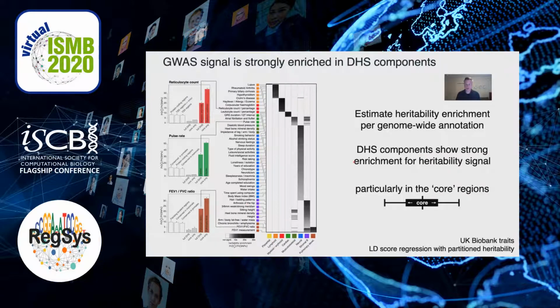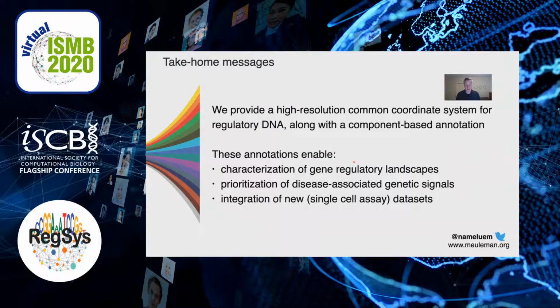In particular, if you focus on the core region of these DHSs, this further emphasizes that the delineation aspect of this work is very important. And so we have a common coordinate system for regulatory DNA with a component-based annotation. We use this for characterization of gene regulatory landscapes and genetic trait association. And interestingly, we can now also use this to project in new data sets for which it's very hard to do de novo peak calling, such as single-cell assay data.